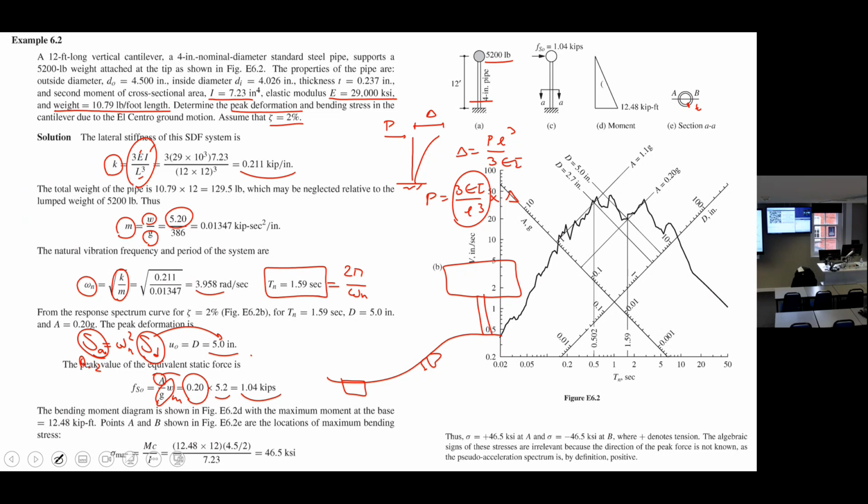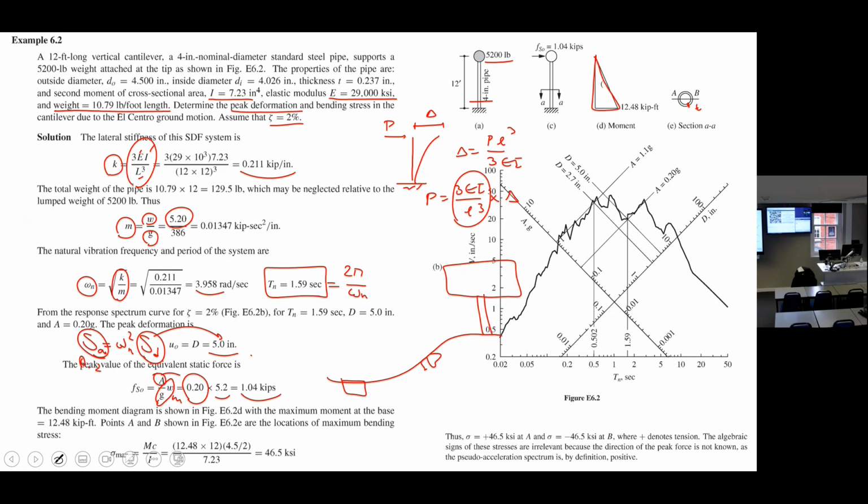If you have a force like that, 1.04 kips at the top, what's the internal bending moment at the top of your system? It's 0 here. This is the bending distribution, isn't it? At the top it's 0, it's a cantilever. At the bottom, the bending is maximum. What's the value of the bending moment at the bottom? It's the force multiplied by the height, right?